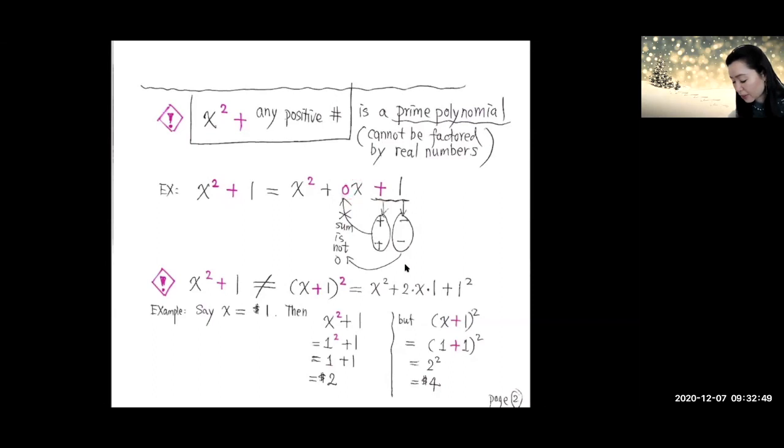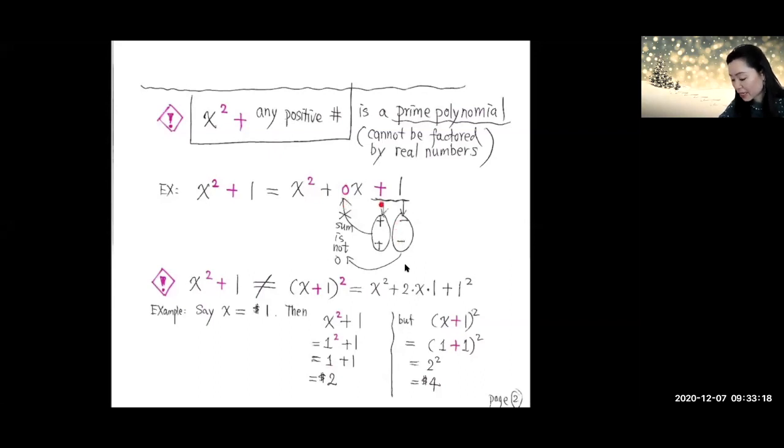So x squared plus 1 is the same as this. Two numbers multiply to be 1 and sum to 0. Well, in order to multiply to be positive, the two factors have to have the same sign, either both positive or both negative. But if both of them are positive, they don't sum up to 0. If both of them are negative, they don't sum up to 0 either, right?